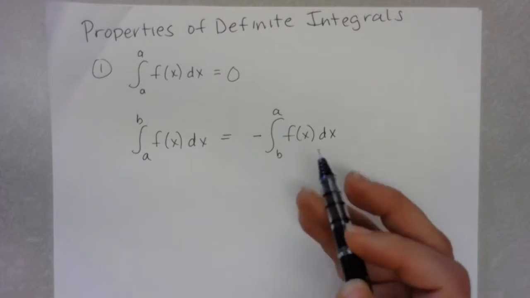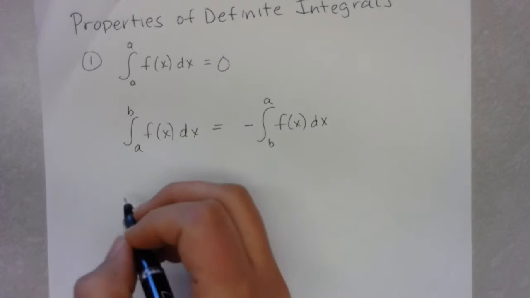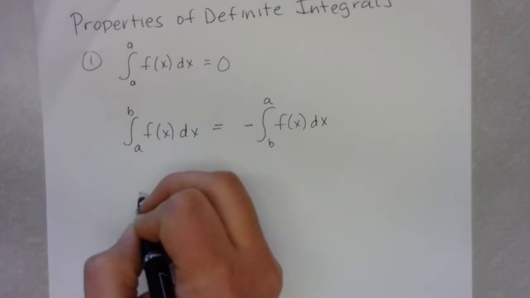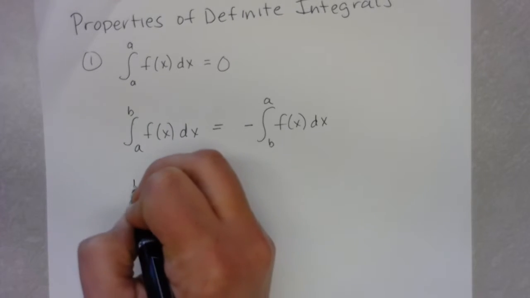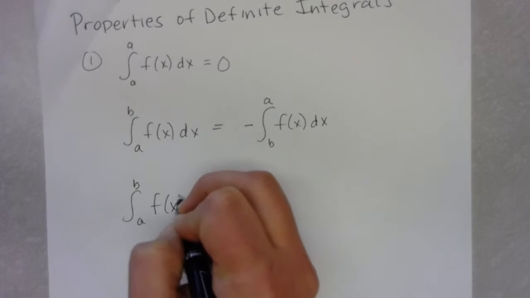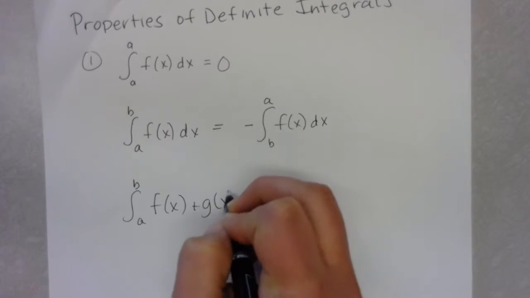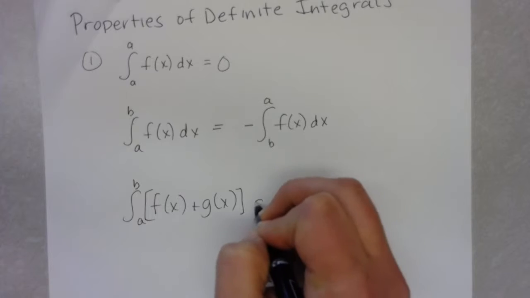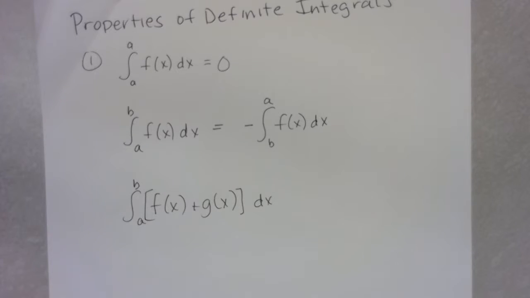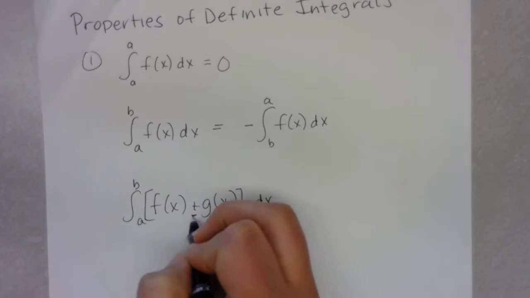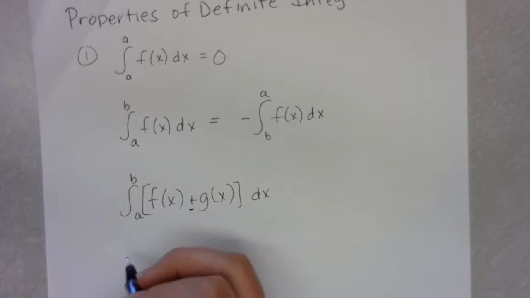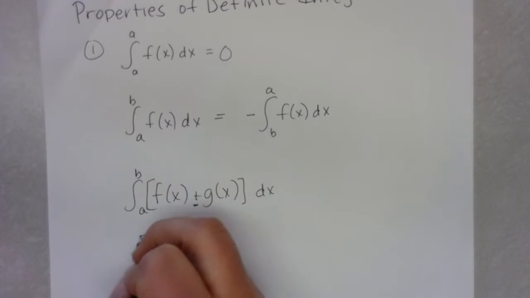All right, so then we can also have the sum and difference of integrals. So if I have a to b of f of x plus g of x, and these are all with my dx, then that means, and I can put the minus here too, it could be plus or minus, then that means I can break them apart and do them separately.